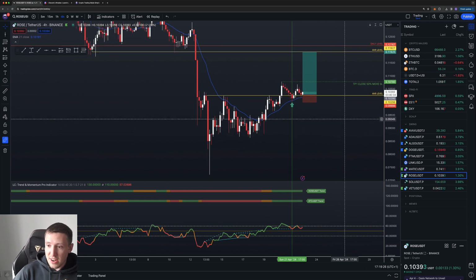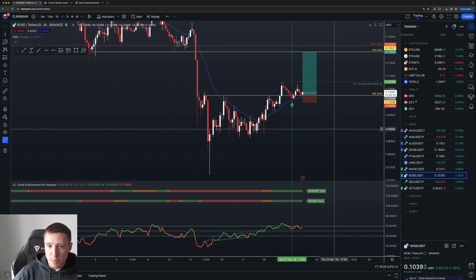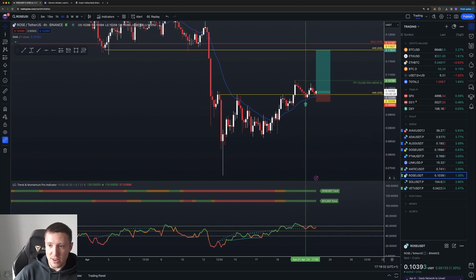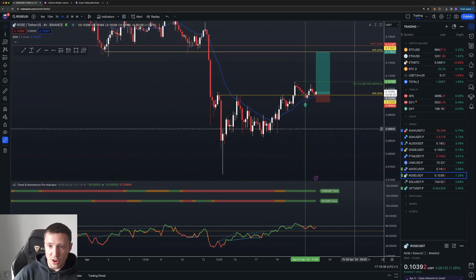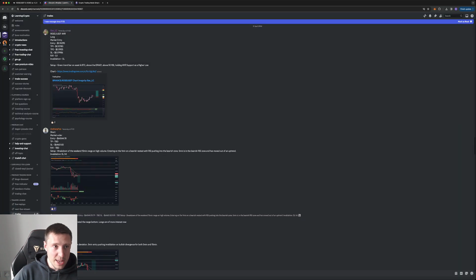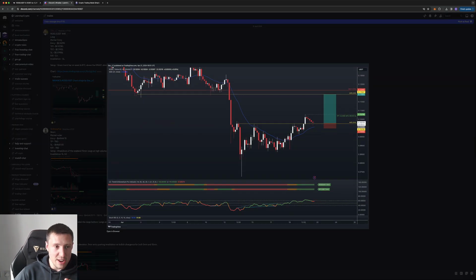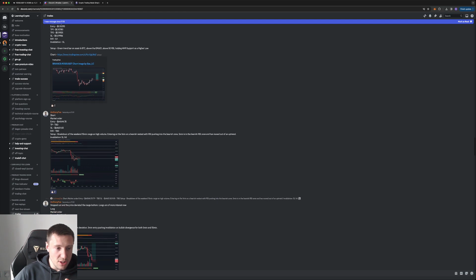So these are two trades that I put into the Learning Crypto Traders Lounge, into the trade section, which is on our Discord. So if you want to check that out, this is a little preview of it here. So here we are on the Discord. This is the Traders Lounge into the trade section. You can see I put the trade in here. Very easy to see and read and follow. As you can see, other traders in here as well.